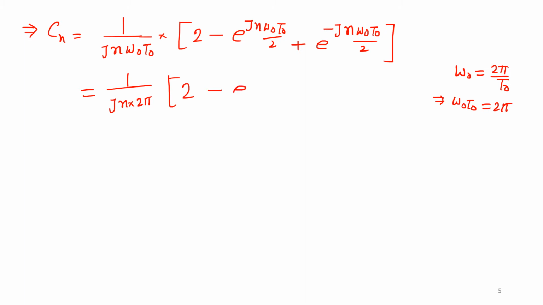So this is e to the power how much? jn, and this is your 2 pi by 2 pi, and this is e to the power minus j n pi.